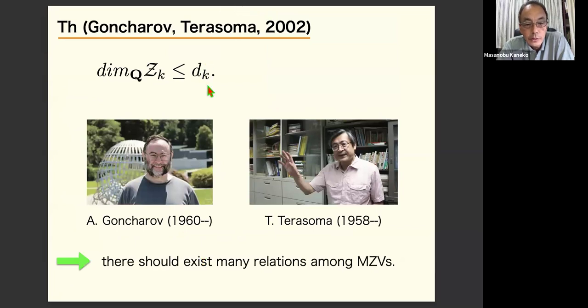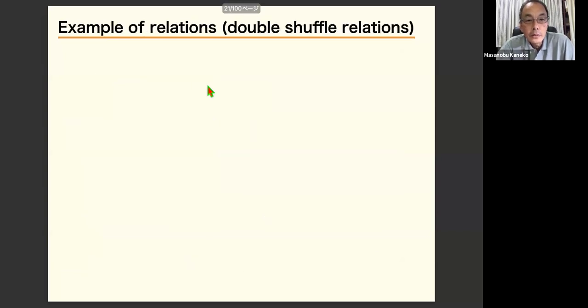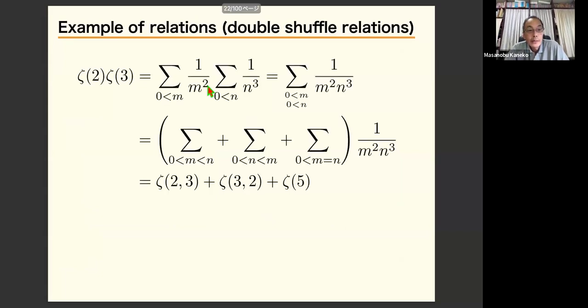So this suggests that there should exist many linear relations among MZVs. For later purposes, I describe one example of relations called double shuffle relations. Let's look at the product of zeta 2 times zeta 3.